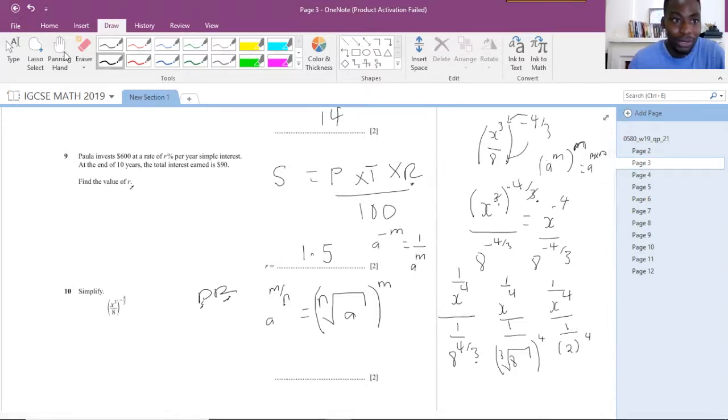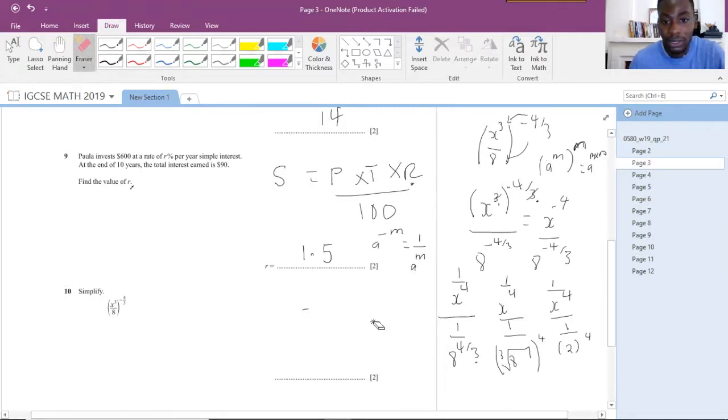Stay with me, people, stay with me. Just solve these questions slowly. So what we have here is 1 over x to the power 4 over 1 over 2 to the power 4. So 2 to the power 4 is 2 times 2 times 2 times 2. That will be 16. So we're going to have 1 over x to the power 4 divided by 1 over 16.